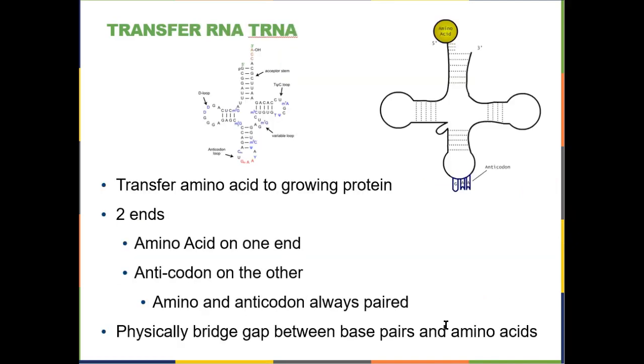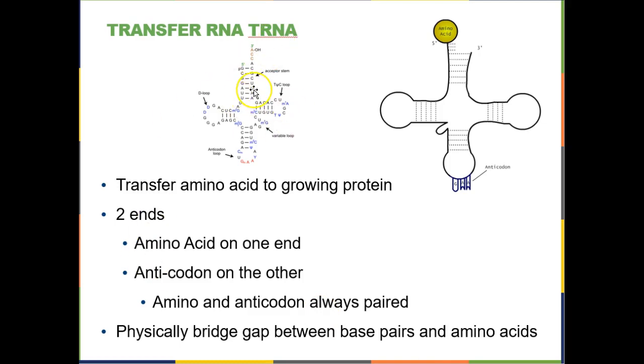It is the transfer RNA that physically bridges the gap between codons and amino acids. So it is actually like the decoder ring that decodes the code to deliver the proper amino acid. And this I think I've also changed a little bit too.